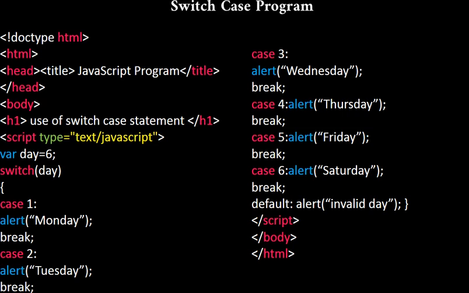If the program finds the value, it displays that result, otherwise the program moves on through the remaining values. So here the values are case 3 alert Wednesday, then case 4 Thursday, the 5th one Friday, and the 6th one Saturday.